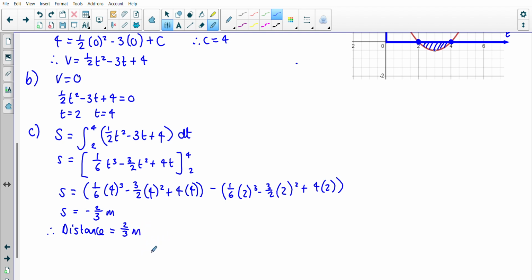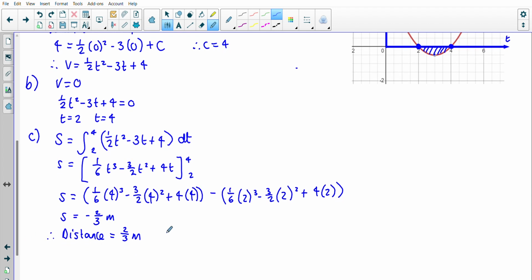You can write that as a decimal if you want, but obviously we know what 2/3 is. I'm just leaving it as it is. Just a reminder that you can double check your definite integration on your calculator. There is a button that you can use, and you can double check that you get the correct answer.